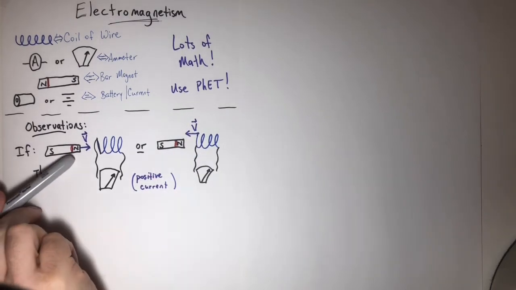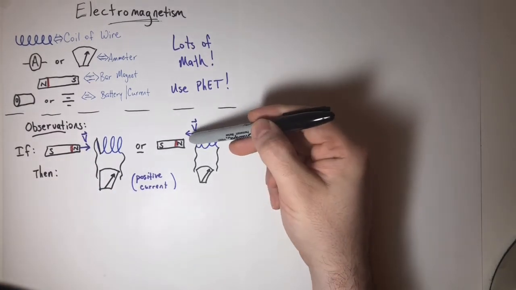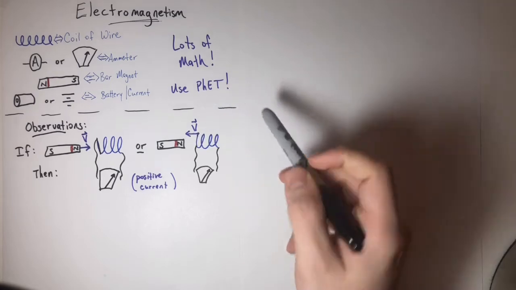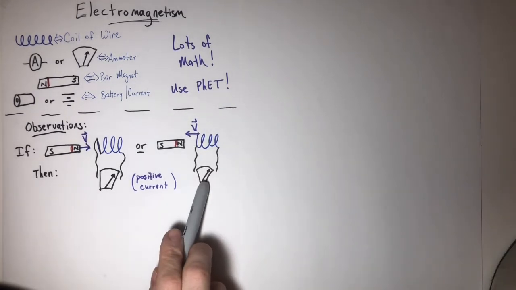If you move the north pole of a magnet towards a coil, or if you move the coil towards the north pole of a magnet, and you have an ammeter connected to the coil, then you will register a positive current in that ammeter.